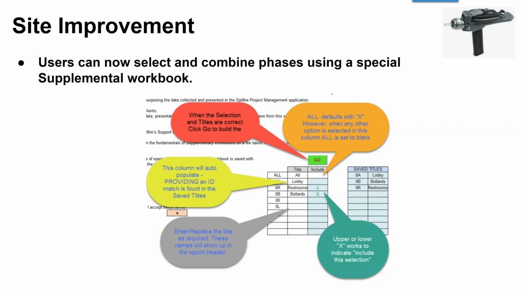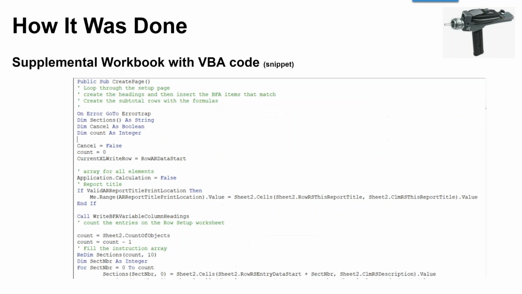So with all that said and done, how was it done? Again, using the power of VBA, we embedded that grid and auto-populated it with the information directly from the BFA workbook. Then we allowed the assembly code, the code that actually creates the report, to respect the choices from the grid itself.